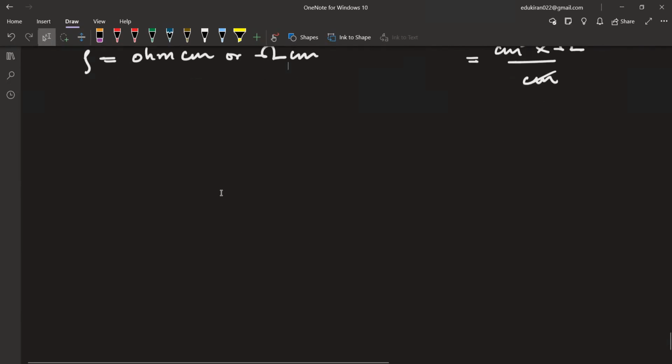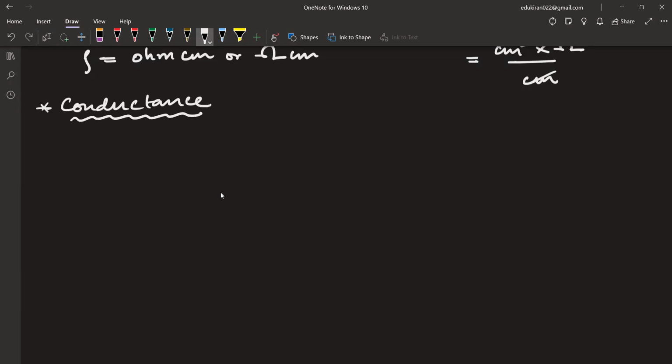Now what will be the conductance? Conductance is the measure of the ease with which the current flows. So it is just the opposite of resistance. Conductance is shown by a very awkward symbol, G. Does anyone know why it is expressed as G?